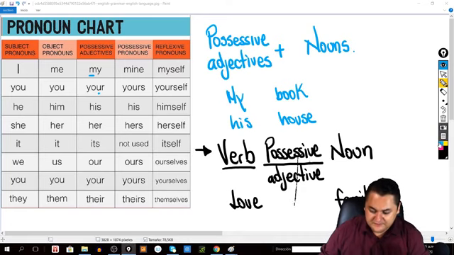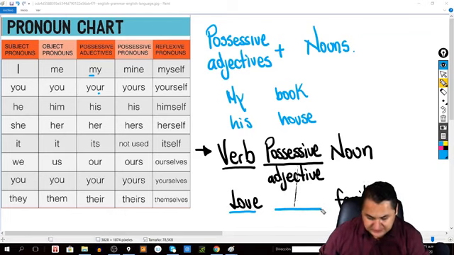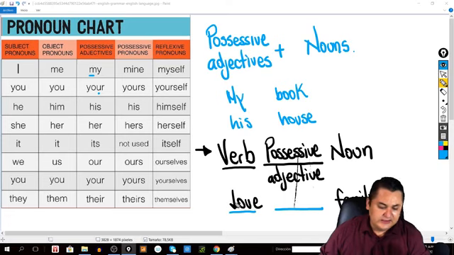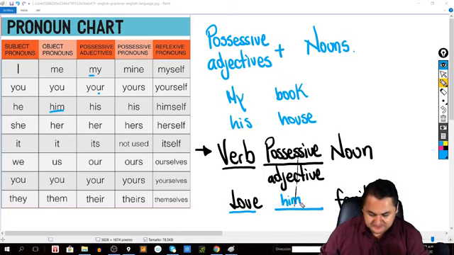We know love is a verb, but since we have a noun after the space, I cannot say love him family. That would be wrong. I need to look for a possessive adjective.